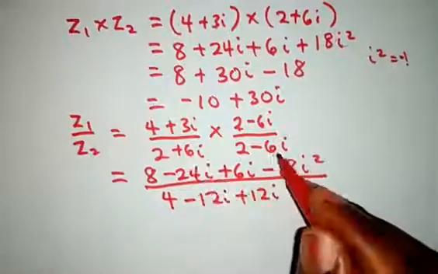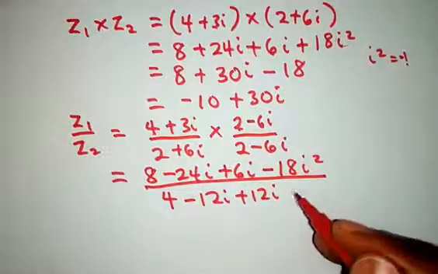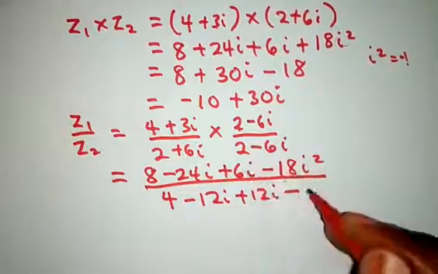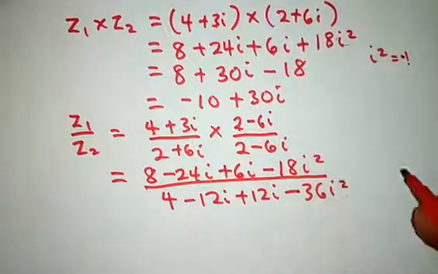And 6i times minus 6i gives minus 36i squared.